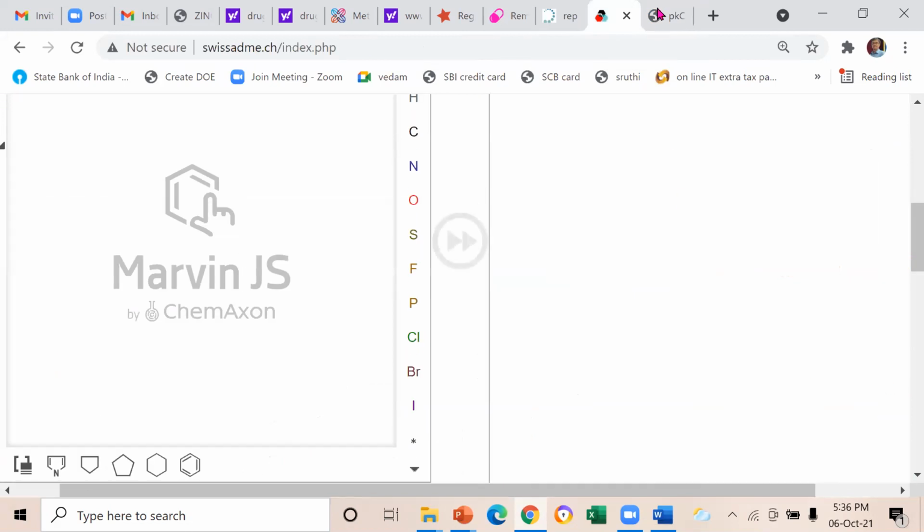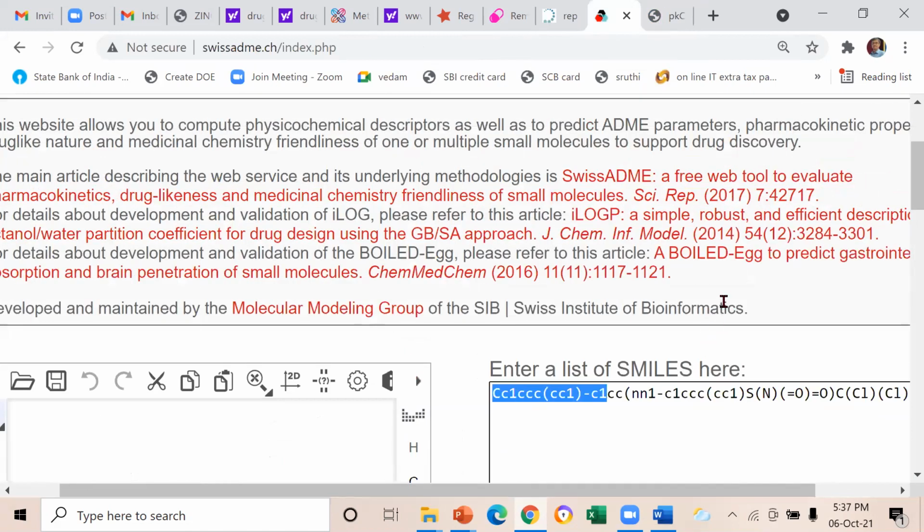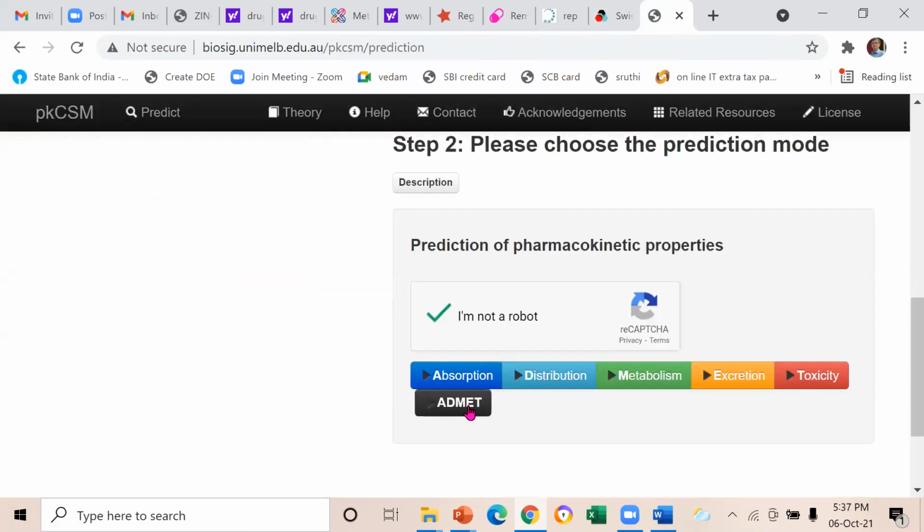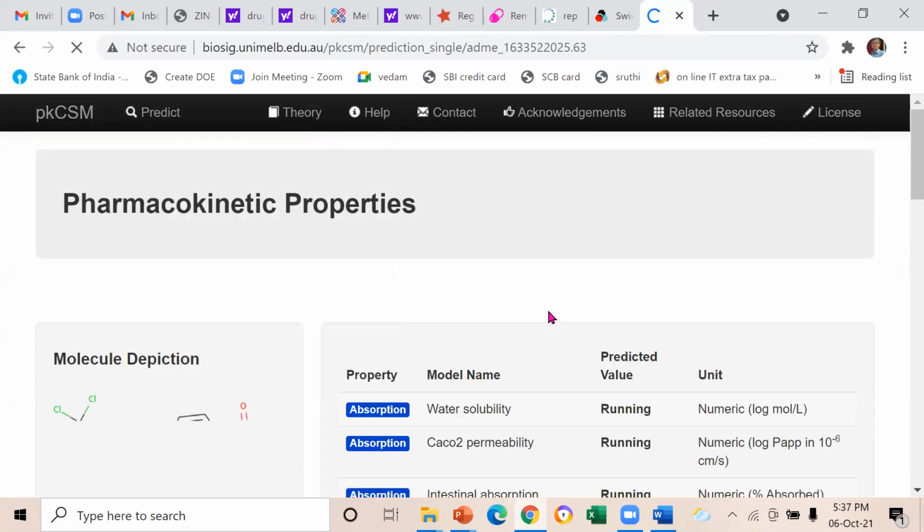I am putting the chlorine-substituted compound instead of fluorine, and then seeing whether there are any worries about the toxicities. So I can do that sort of in silico design and measure that, property predictions.